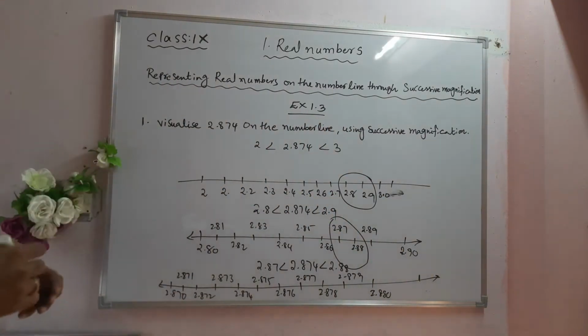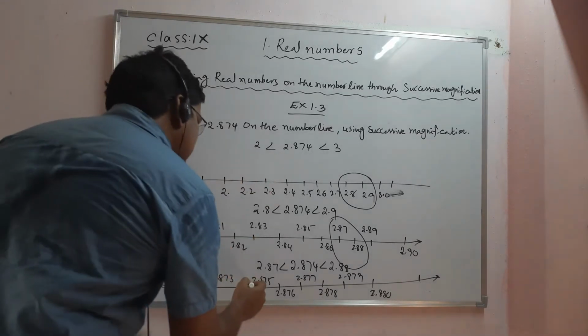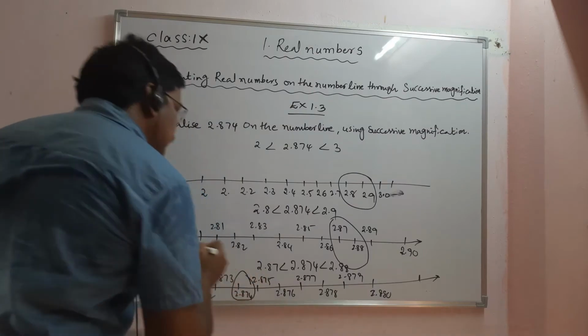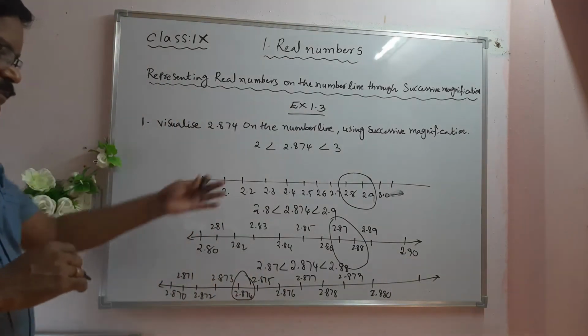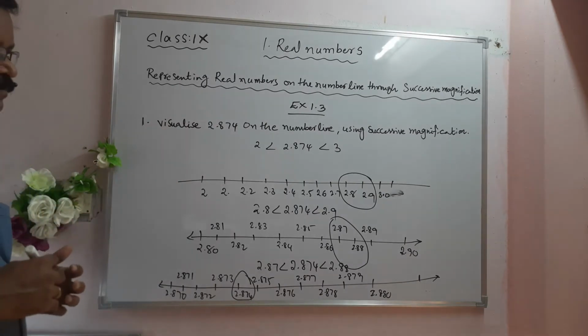Now can we find our number 2.874? Yes, this is here. So this method is called successive magnification.